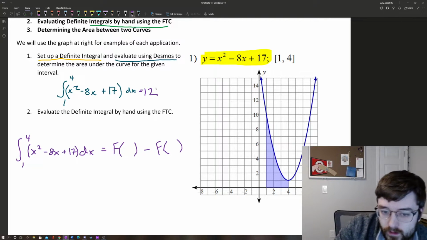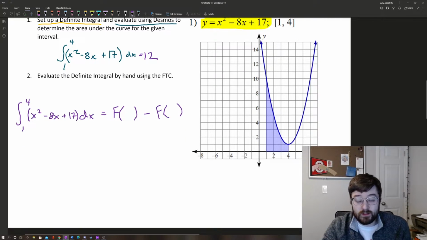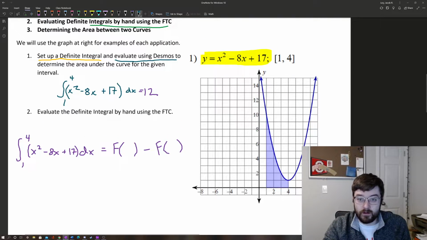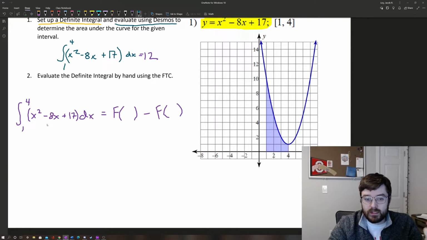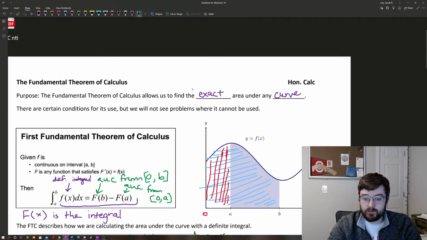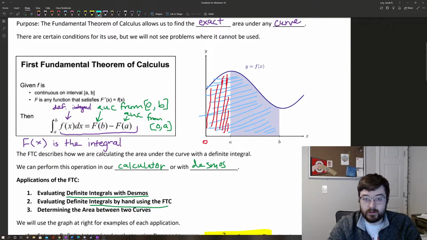All right. And now we are going to try and get this same result by using the fundamental theorem of calculus. So the FTC says that we are taking the integral of x squared minus 8x plus 17. And we're going to use the indefinite integral here, but we want to evaluate those indefinite integrals at 4 and 1 because those are our bounds, and that's what the fundamental theorem of calculus says.